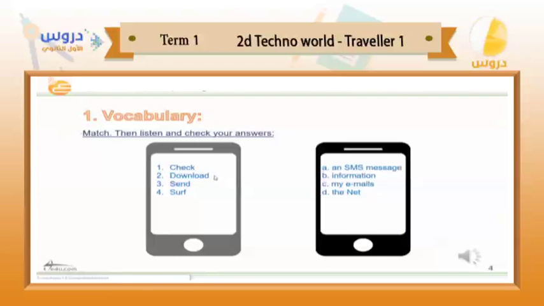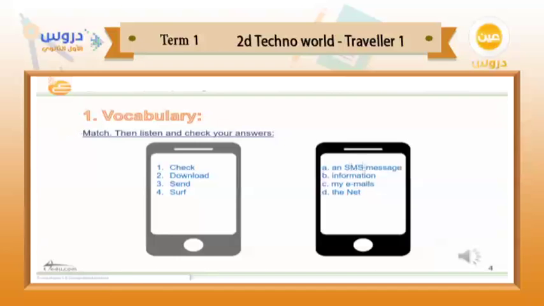By the word download, can you guess the meaning? Download here means that you can copy information from the internet to your mobile phone, maybe to your laptop or PC. Okay, and you can match these words to an SMS message, information, my emails, and the net.